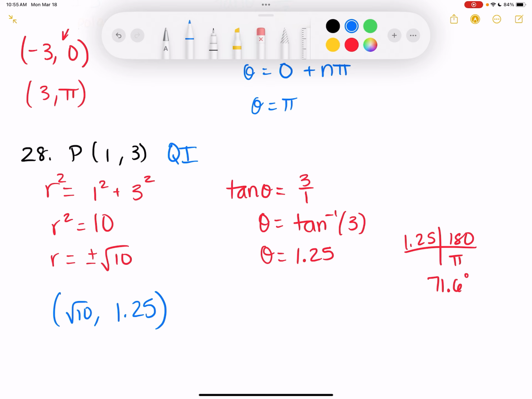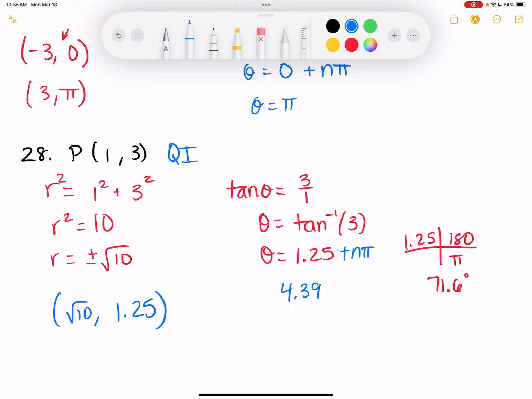Then the next one, we would add plus pi for the other one. So if we add pi, I don't know what that is. I know where it's going to put me, which is in quadrant 3, right? Yeah. So this is about 4.39.